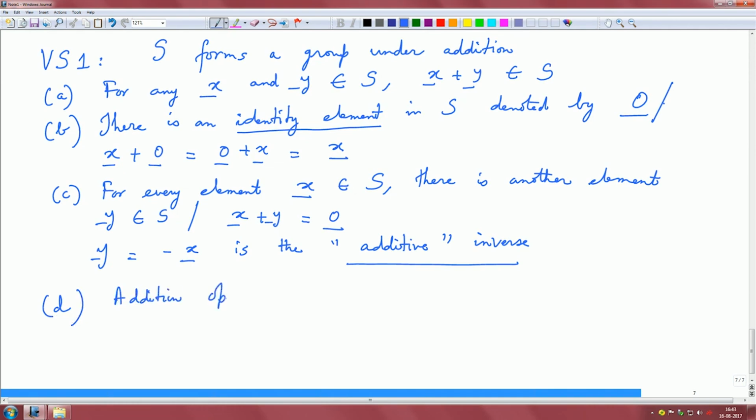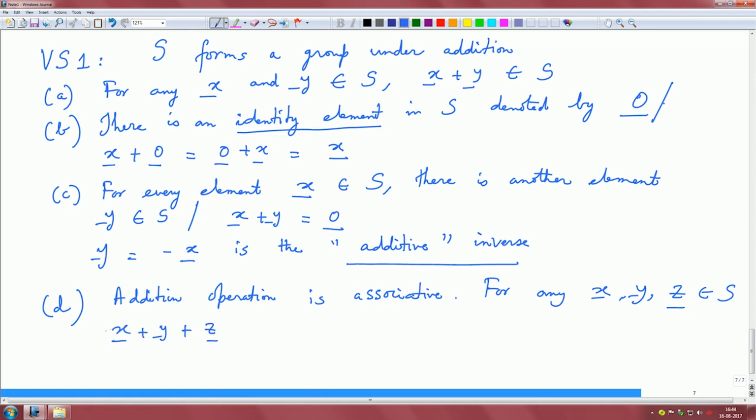Addition operation is associative. This means for any x, y, z belonging to S, x plus y plus z does not depend on the grouping.